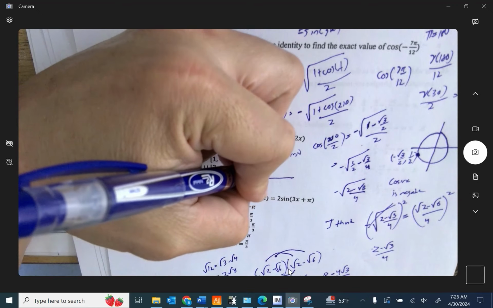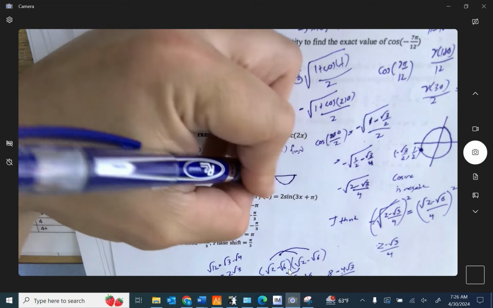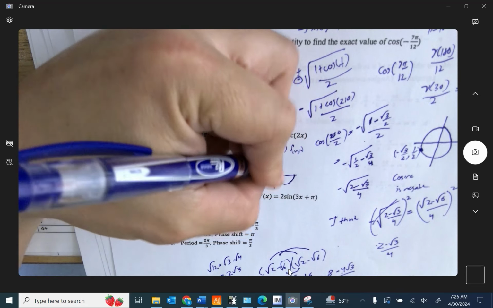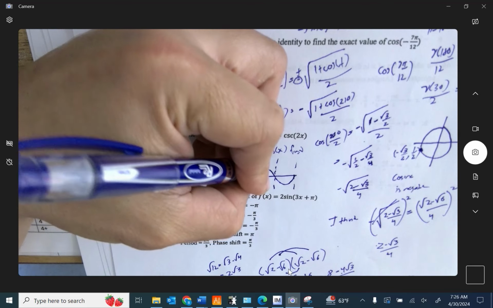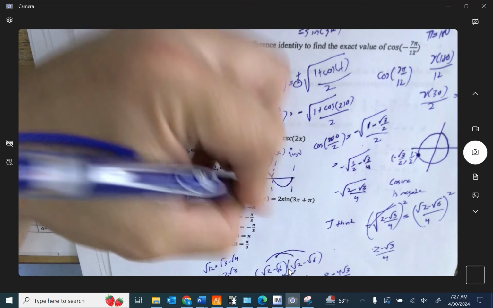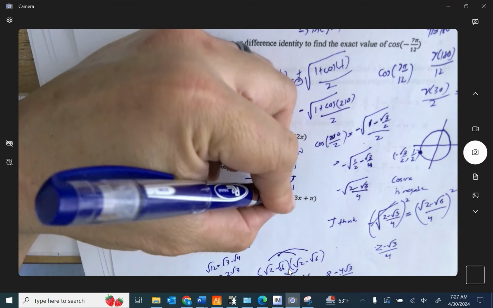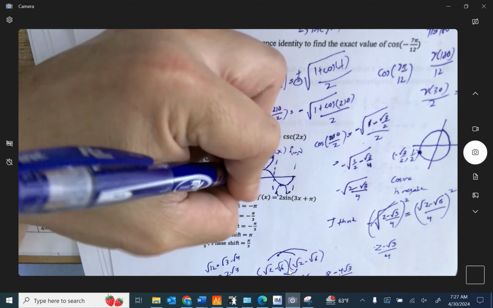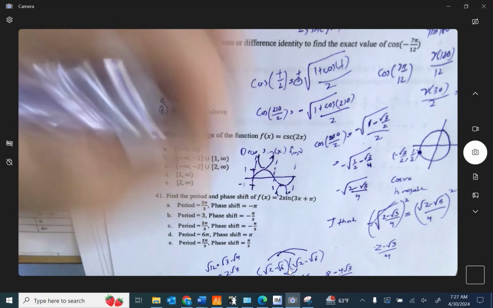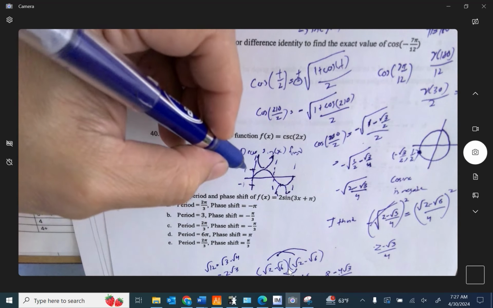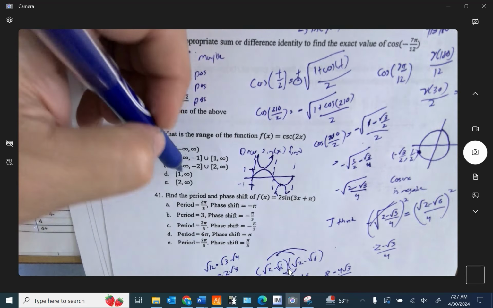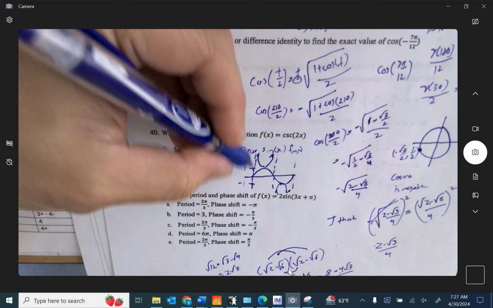So you drew your sine function, and then every time you crossed the x-axis, you drew in some vertical asymptotes, and it was these parabolas. Now the sine function had a range from -1 to 1. So the cosecant function is going to be from negative infinity to negative 1 and from 1 to infinity.